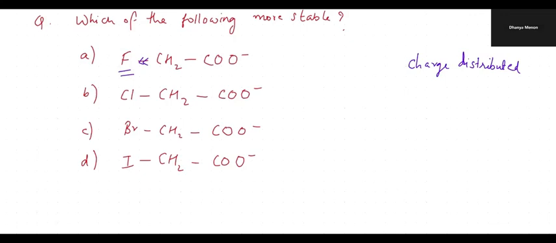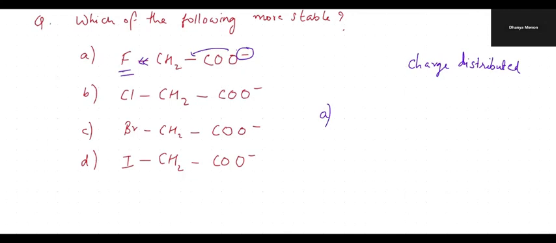So this electron cloud gets distributed. So definitely the first one that has fluorine is highly stable.